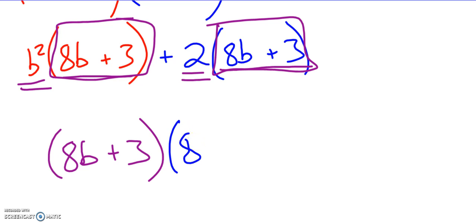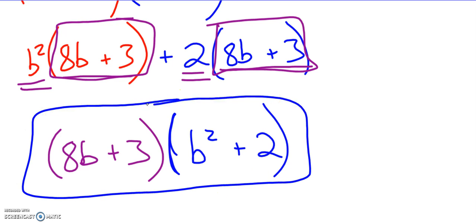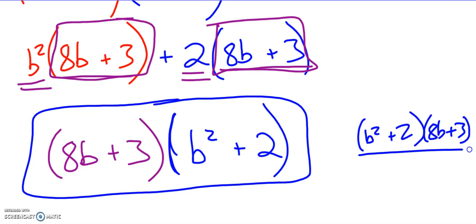So b to the second plus 2. So this would be our final answer, or we could have written it the other way, b squared plus 2 times 8b plus 3. So that would also work.